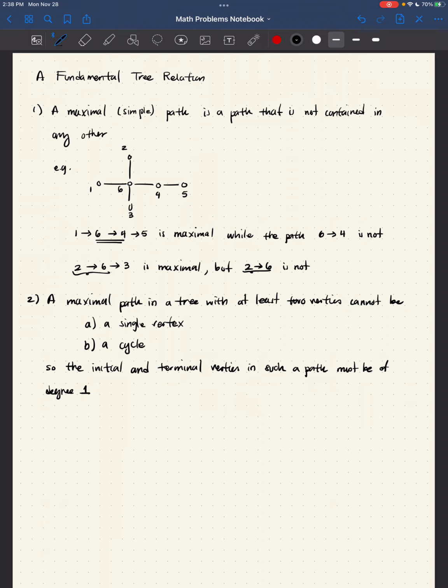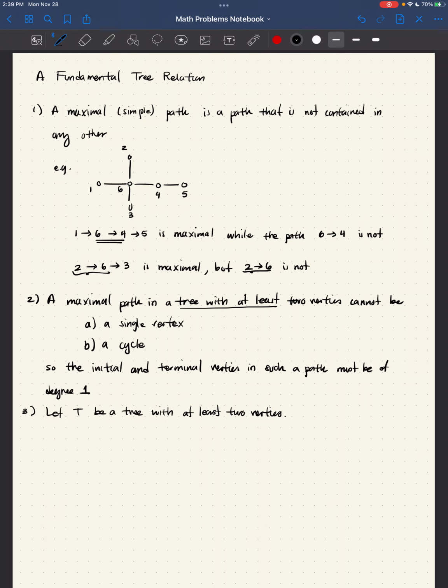Okay, so now, ready for the next part? Number 3. Let T be a tree with at least 2 vertices. So we have exactly the same conditions as the ones associated with the second point.